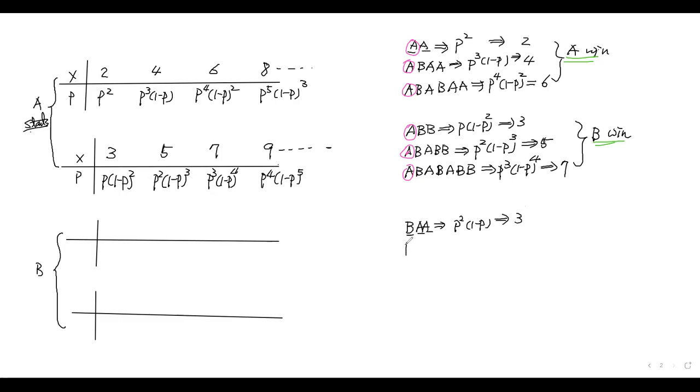Or we can say BA, so A wins again. Here it is P cubed, 1 minus P squared. How many games here? 5 games. Let's try one more. So this is BA.